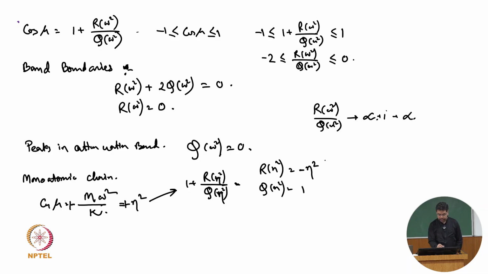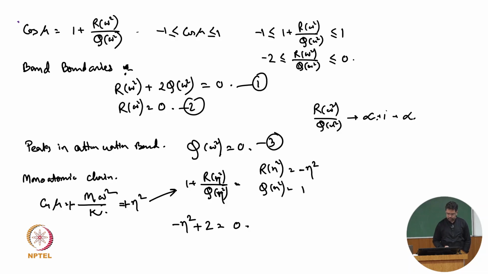Now if I solve the first equation, equation number 1, equation number 2, and equation number 3. The solution of equation number 1 tells me minus eta square plus 2 should be equal to 0. So this gives me eta square equal to 2. And the second equation gives me minus eta square equal to 0, so eta square equal to 0.